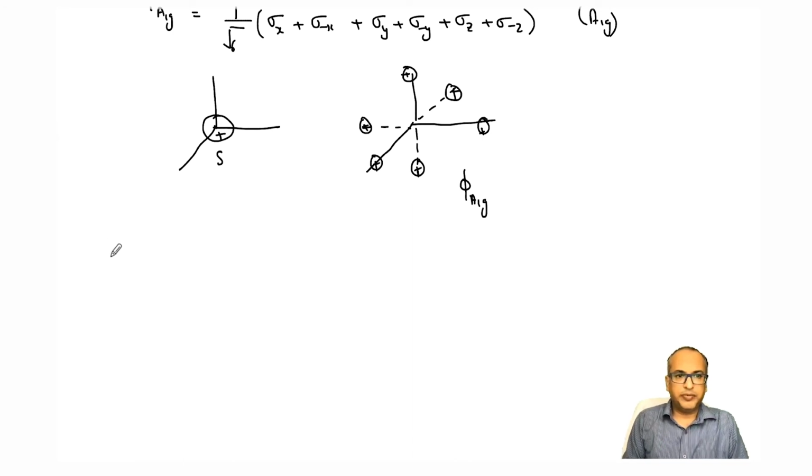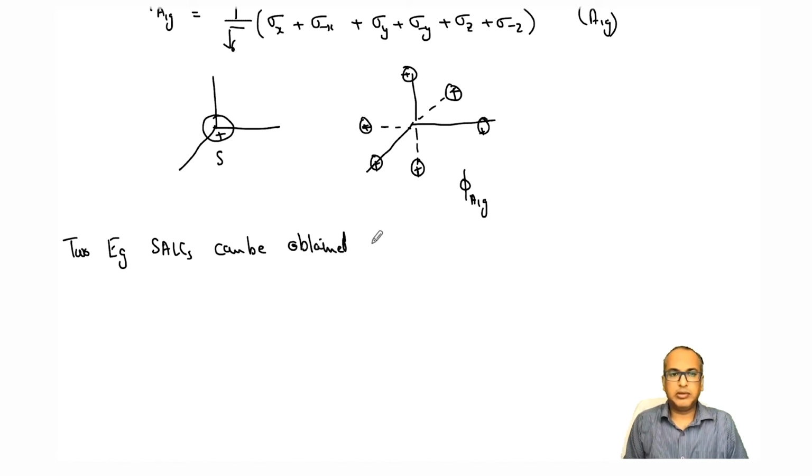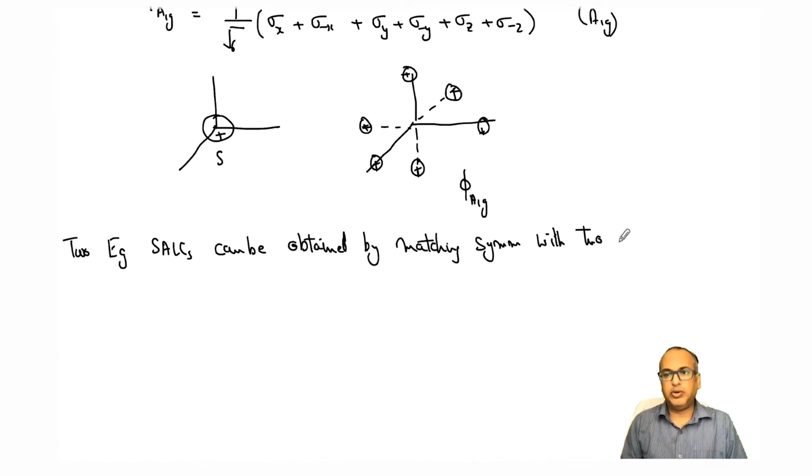Now the EG: there are two EG SALCs. Two EG SALCs can be obtained by matching symmetry with two EG orbitals of M. M is the central metal.